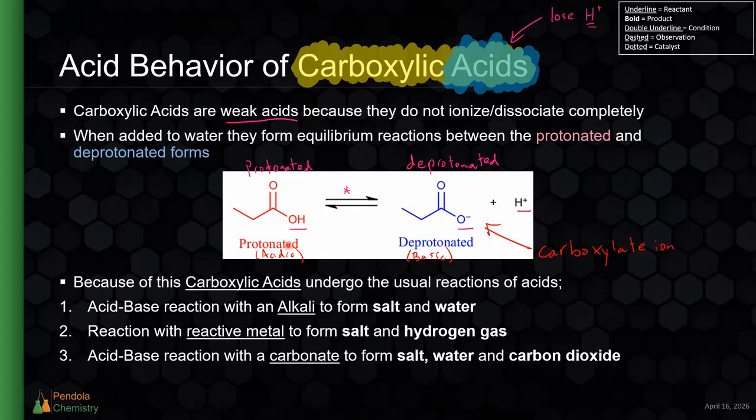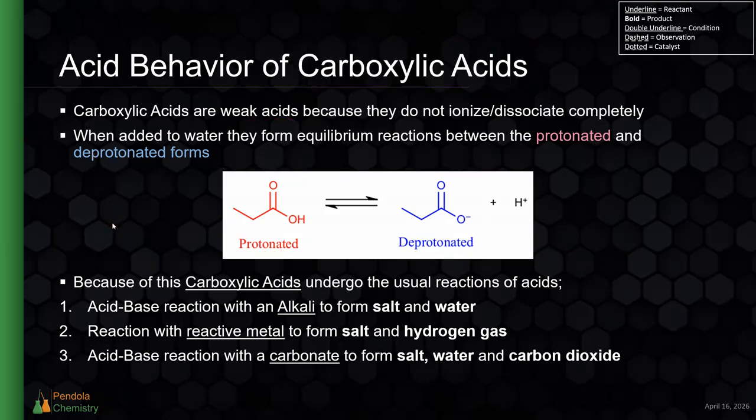First, they can undergo acid-base reactions with an alkali, essentially a neutralization reaction with a base, to form a salt and water. Second, they can react with a reactive metal like sodium, like what we saw with sodium and alcohols earlier in section 3, to form a salt and hydrogen gas. And third, they can undergo an acid-base reaction with carbonate ions, like sodium carbonate, for example, to create a salt, water, and carbon dioxide.